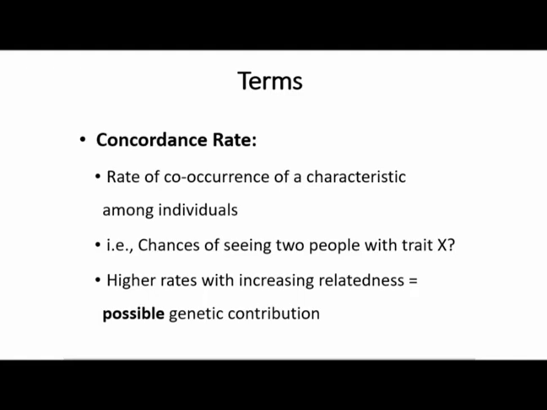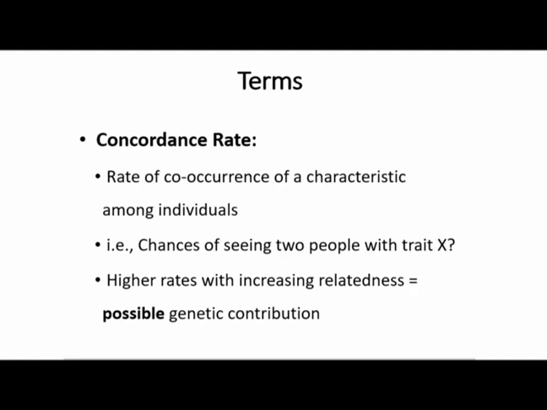And what we can tell from this information is if we have higher concordance rates between people who are more closely related, that tells us that there's probably a genetic contribution. So if you see two people with blue eyes, maybe there's a 1 in 100 chance that complete strangers both have blue eyes.